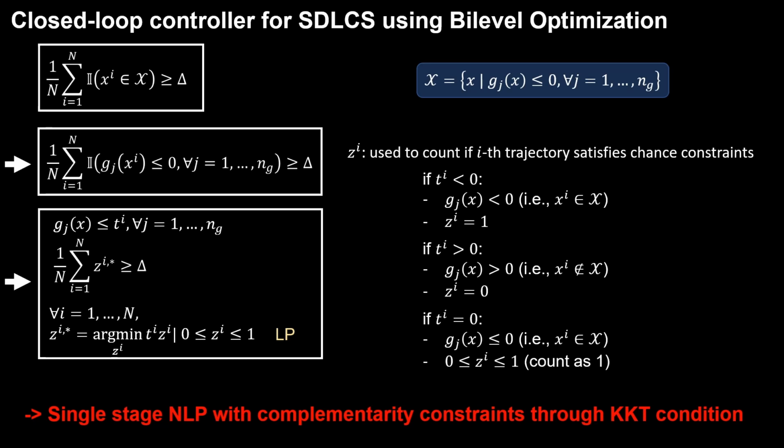Using this logic, we can count how many trajectories satisfy chance constraints without using integer variables. Since we intentionally formulate the lower level optimization problem as an LP, we can use the KKT condition to convert the bilevel optimization problem into a single-stage nonlinear program.